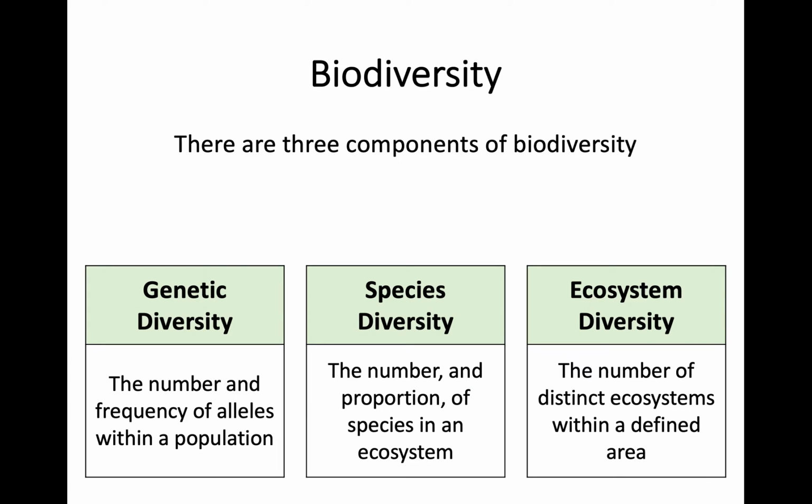So in terms of the components of biodiversity, which really show how much life is available in these ecosystems, there are 3 things we're going to look at. They're fairly self-explanatory. First of all, there's genetic diversity, which is the number and the frequency of alleles within a population.